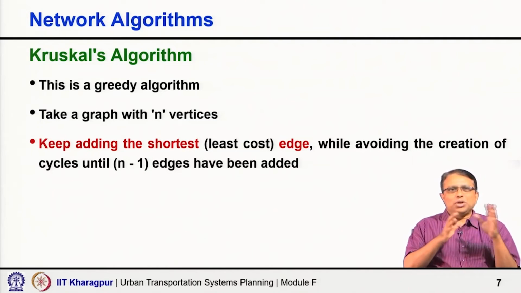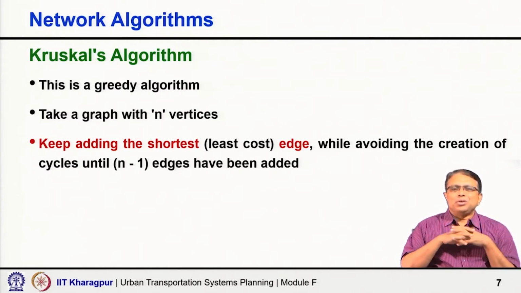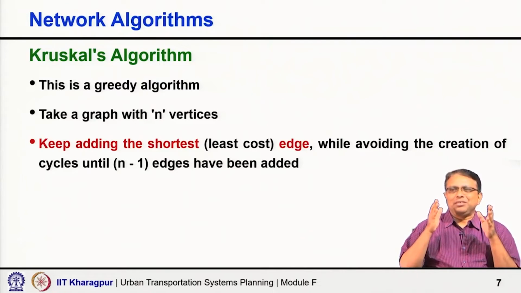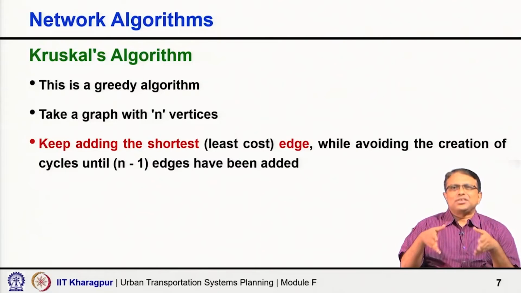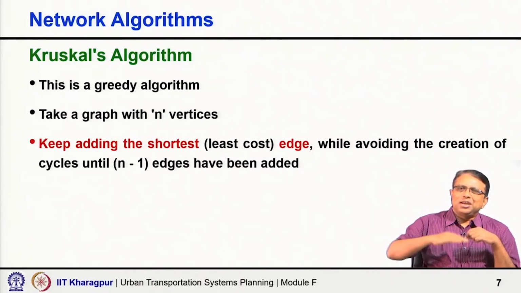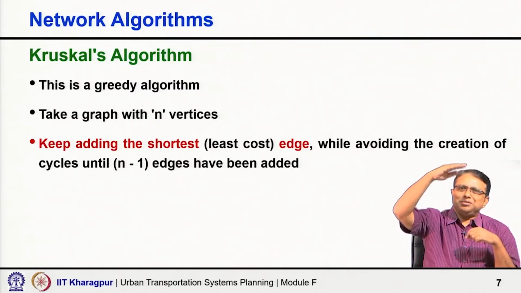So, what we need to do is build a list in a very simple way in ascending order, that means the lowest length link on the top, then the next immediate higher one, then the next immediate higher one, like that I prepare a list.